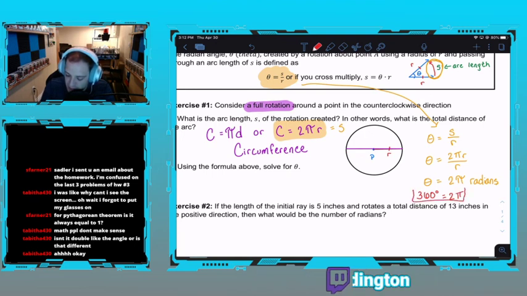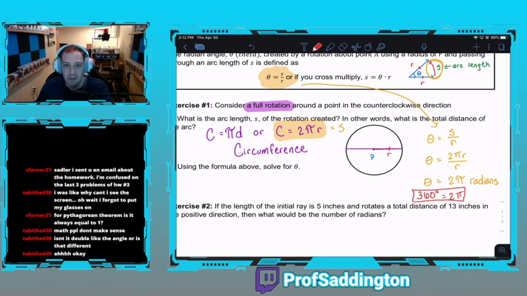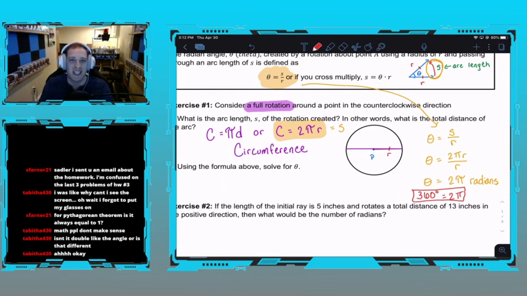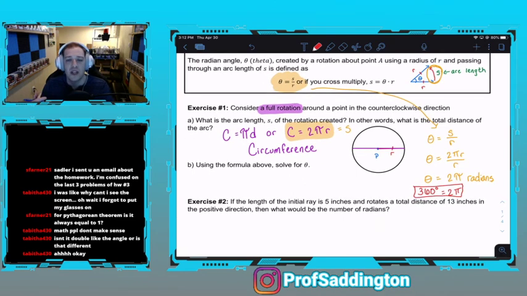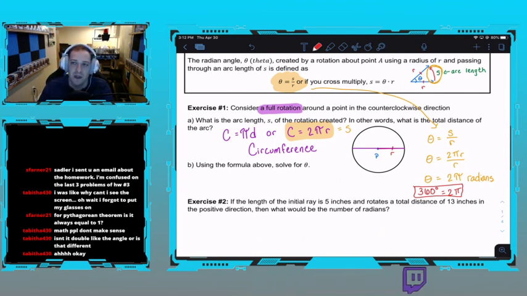This right here is what we did on the back page when we were doing our conversions. So 360 degrees and 2 pi mean the same exact thing. One is in degrees, one is in radians. Okay, so number 1 was just trying to show you guys that degrees and radians are exactly the same. They are no different.